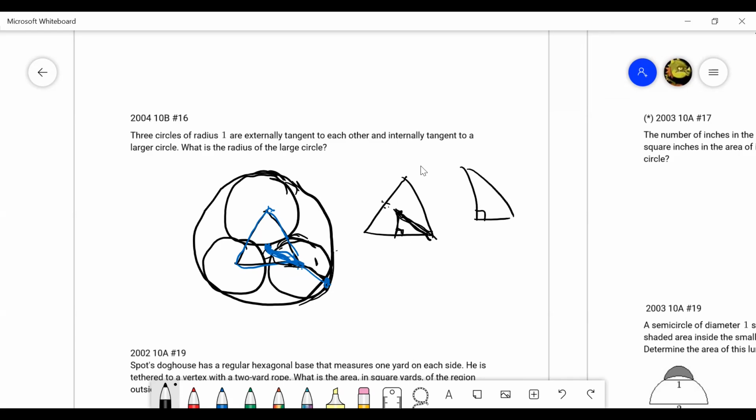For any 30-60-90 right triangle, which means the angles are 30, 60, and 90, the sides are going to be in the ratios of 1 to root 3 to 2. The reason is that each 30-60-90 triangle is just half of an equilateral triangle.